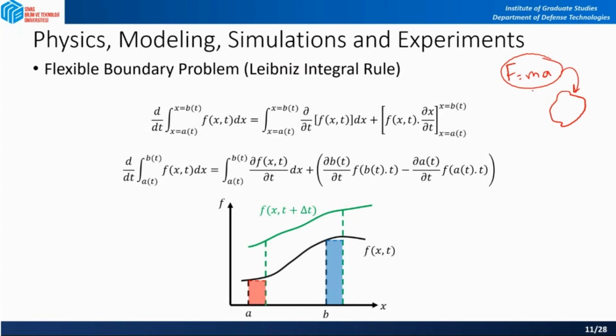What Newton says is that it has to obey governing equations of linear momentum change. But the boundaries are now flexible. So at some time the boundary is like this, at another time the boundary will be like this. So the boundaries are flexible.